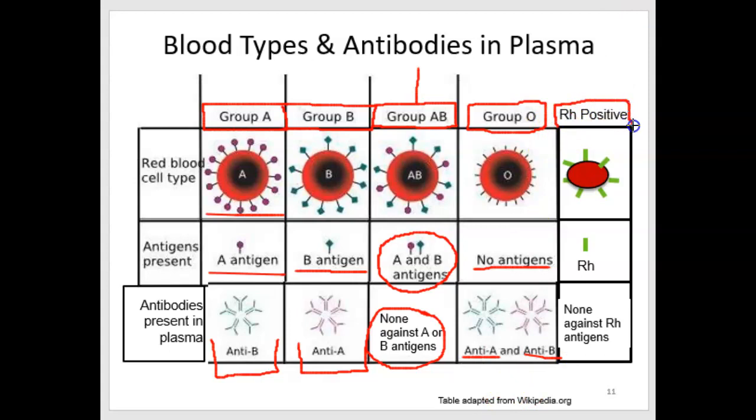If someone is Rh positive, they have Rh factor on their red blood cells, so they won't make antibodies against Rh. And it's not so simple to say the opposite is true for Rh negative individuals, because Rh negative individuals don't automatically make antibodies unless they've been exposed.